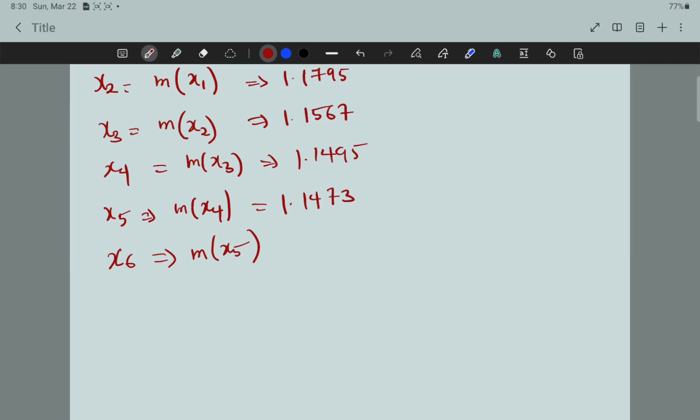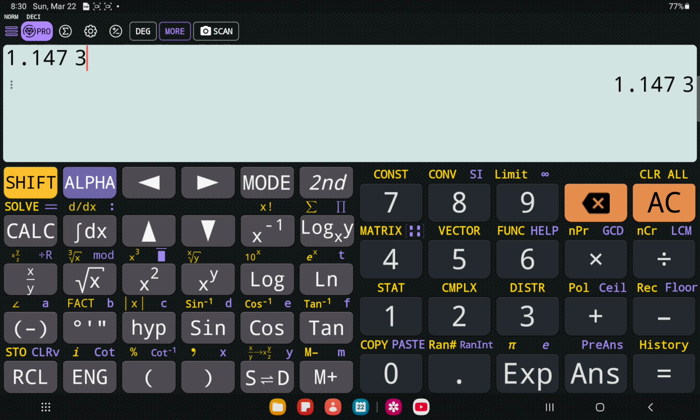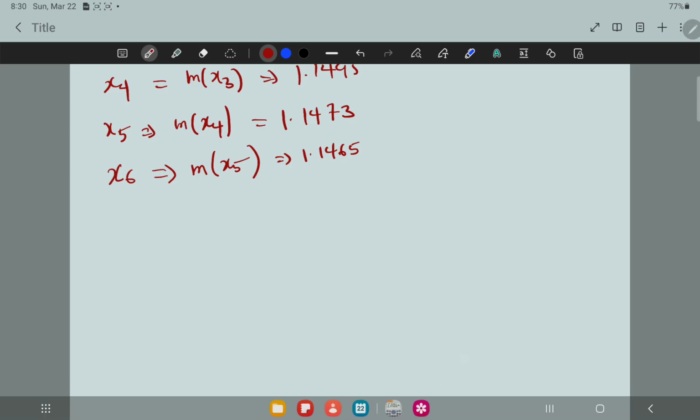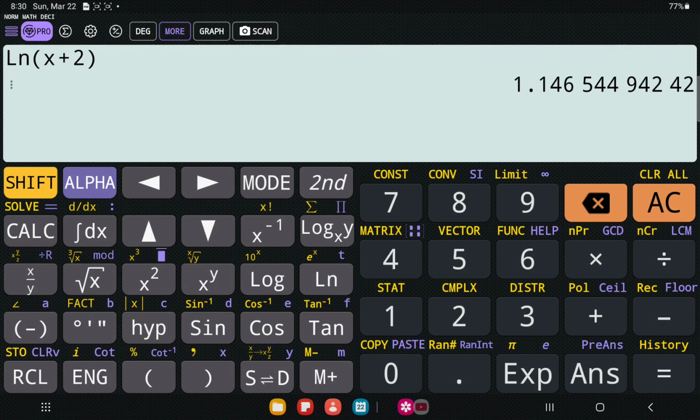1.147. Let's check that. 1.1473. Calculate this. You are going to have 1.1465, right? So calculate the answer again.